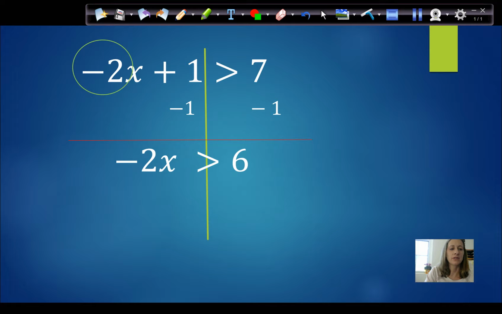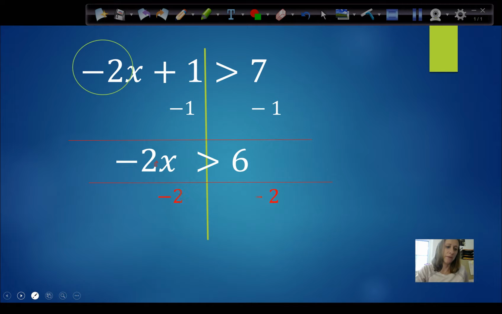Again, I have negative 2 times x, so to cancel multiplication, we're going to divide both sides by negative 2. This time I'm putting this in red because this is our one extra rule with inequalities.